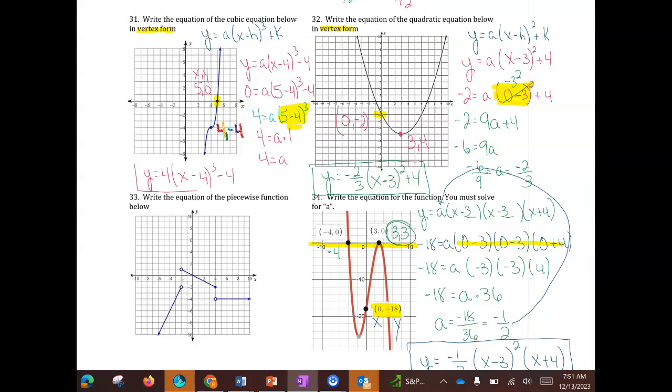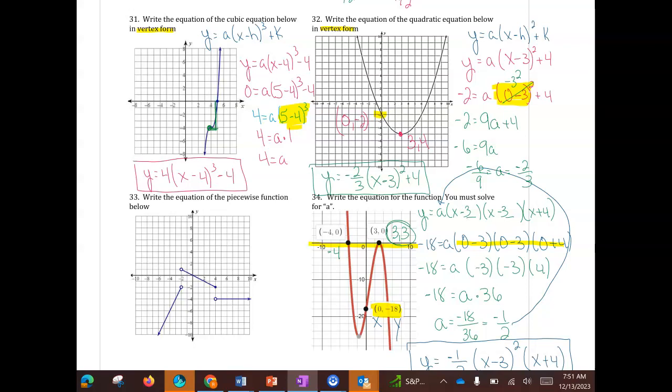So one quick reminder, sometimes you can find your a value really, really quick. Sometimes, not all the time. So let me erase this stuff. The way you can find it really quick is if you go to where that 0, 0 point went, and you just move over 1, then how many do you move up, or maybe down?